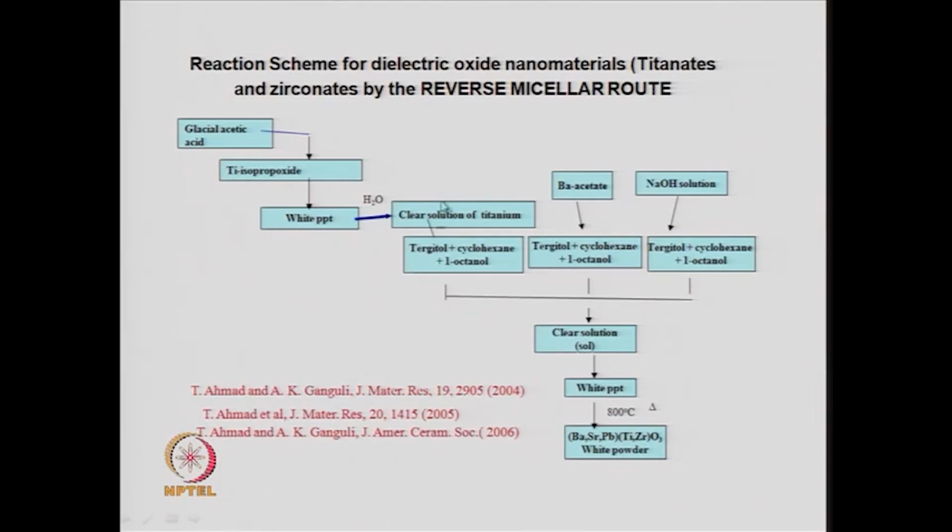All of them, you see, the formula is kind of ABO3, which we have discussed, but there can be other formulas also. For example, by changing the ratio of barium to titanium, we can make Ba2TiO4 instead of BaTiO3. So, you can modify the conditions and the stoichiometry to generate different kinds of titanates and zirconates etcetera by this method.